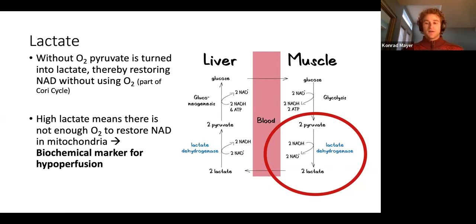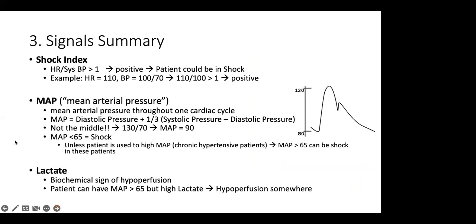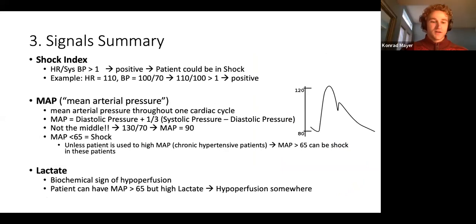So if we do not have oxygen, more lactate is produced, and this is something that we can measure in blood work. So that is why lactate is a biochemical marker for hypoperfusion. The third signal. I just summarized all of these on one slide for you guys to study better.